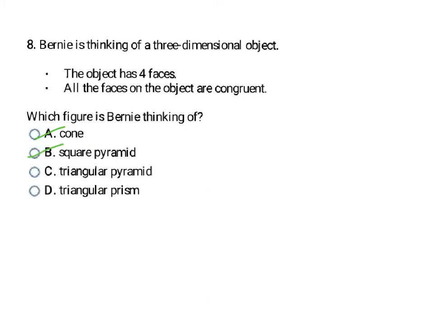And for that same reason, it also can't be D, a triangular prism, because you're going to have 2 triangles across from each other connected by rectangles. And rectangles and triangles aren't congruent, so it can't be a triangular prism. Now, C, you're going to have a triangular pyramid.